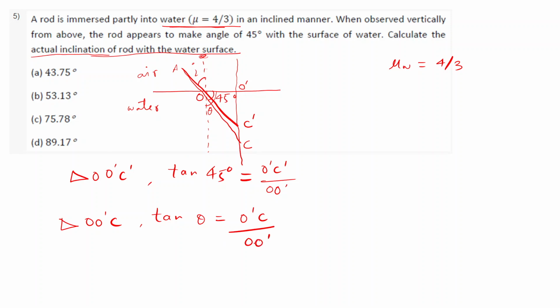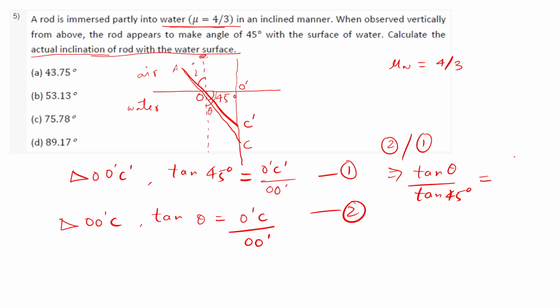Now if I don't know O prime O also, if I take the ratio of these two equations, I'll be able to eliminate this unknown parameter. So when I take the ratio of 1 and 2, let's take 2 by 1, that will give tan theta divided by tan 45 degrees.